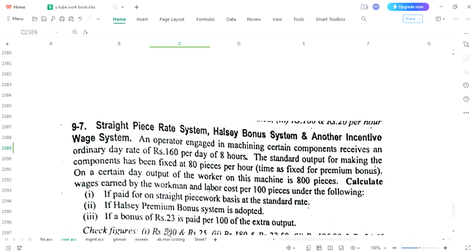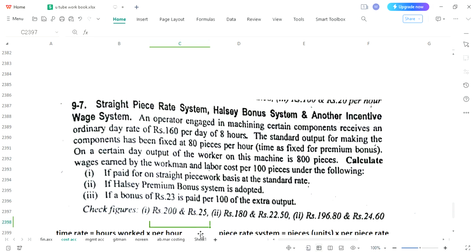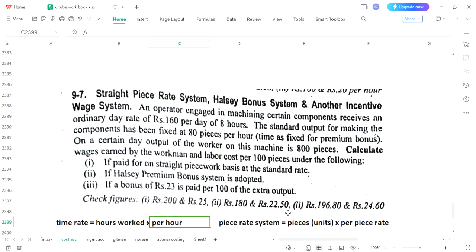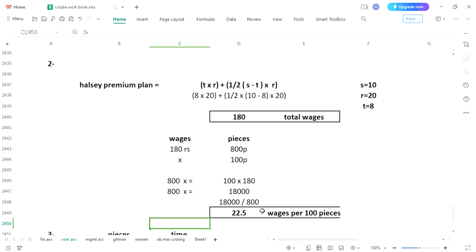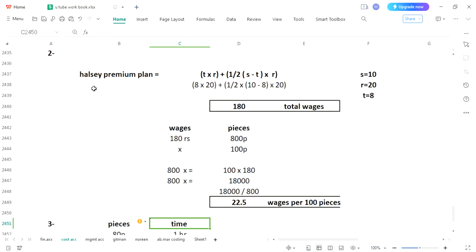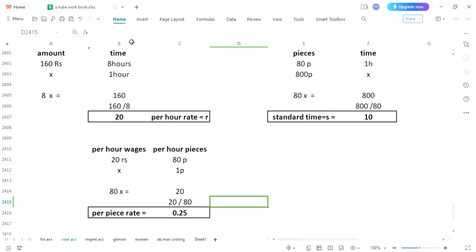Here you can see this is your 225. And the next answers are 180 and 22.5. From here our second part started, and the answers are present over here. 180 is the first answer and the second answer is 22.5. This is important, 180 and 22.5.